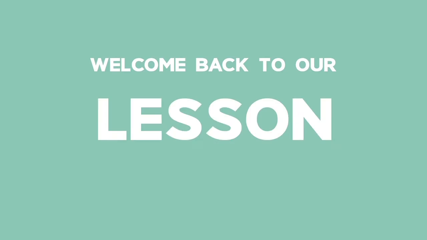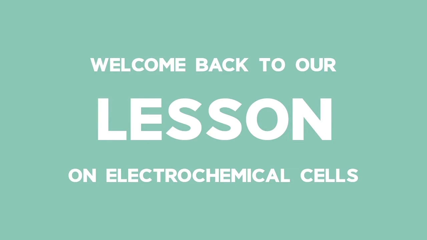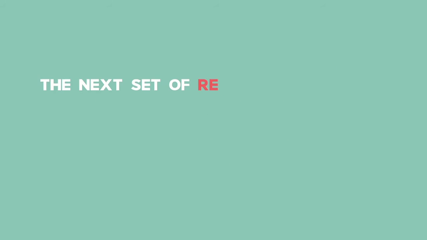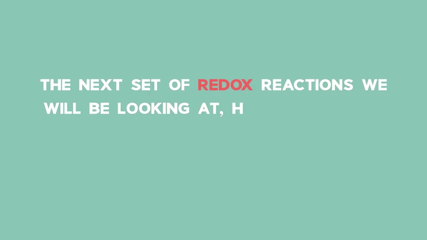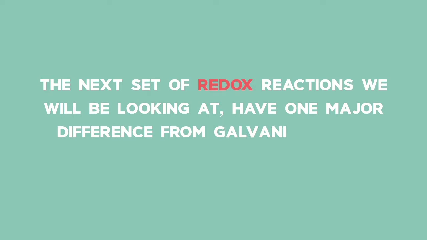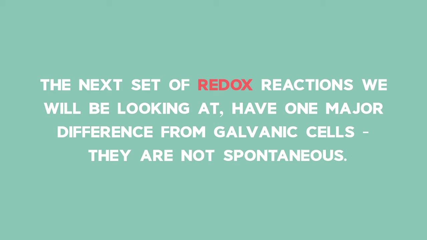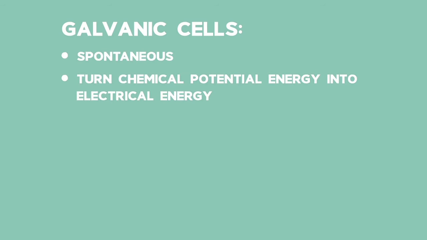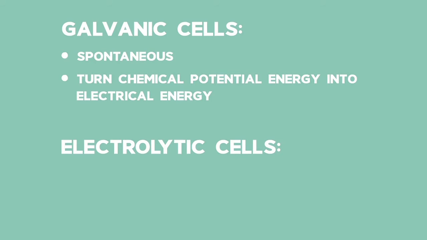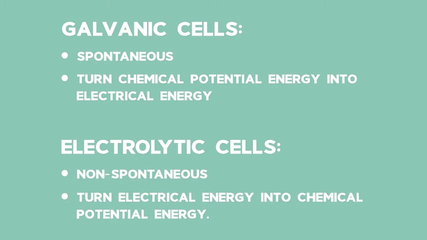Welcome back to our lesson on electrochemical cells. The next set of redox reactions we will be looking at have one major difference from galvanic cells. They are not spontaneous. That means that the energy in the form of electricity must be supplied in order for those reactions to take place.